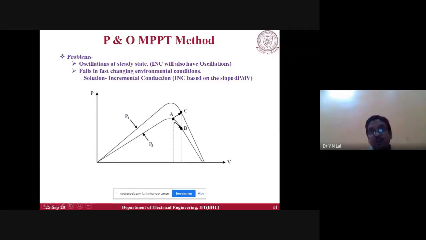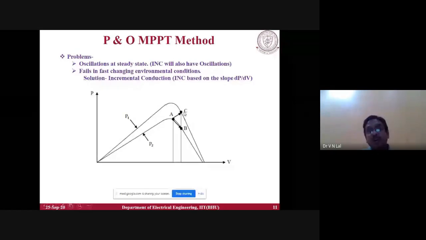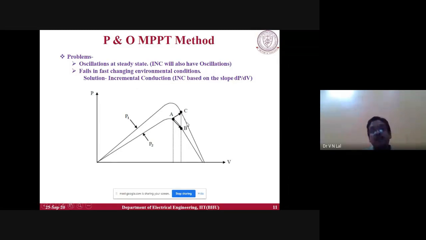The power should decrease, but the power is being increased because this power is compared with this power. Incrementing is increasing the power, so this increment will be continued. So the operating point will not move to this point, it will move to this point. So there is a problem in searching for the MPP if fast changing environmental conditions are there.